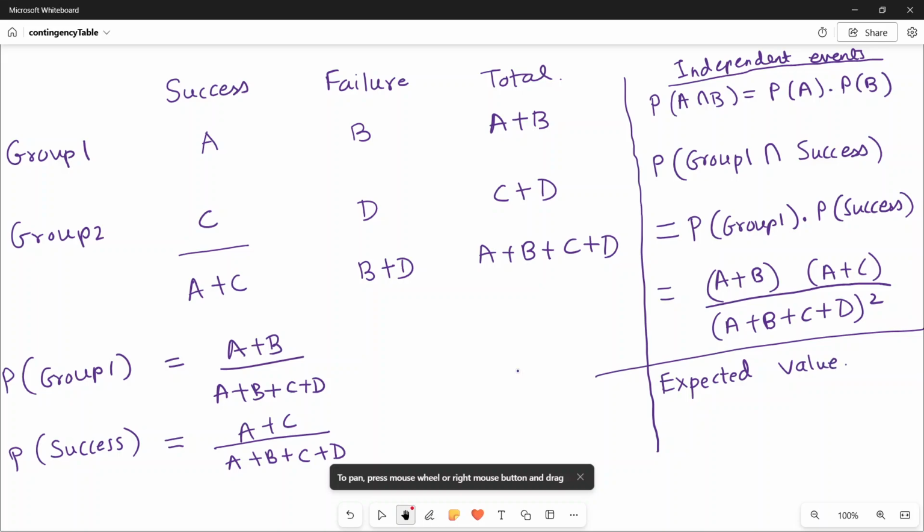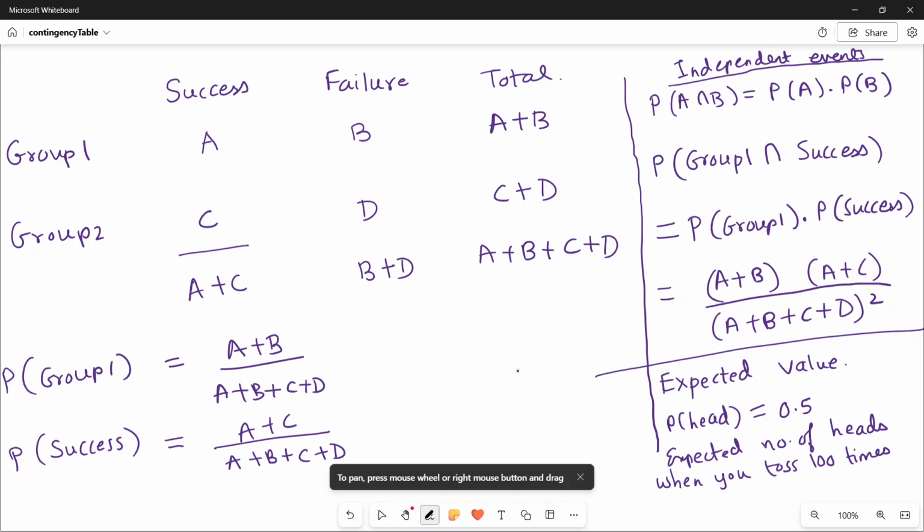A simple unrelated example, just to refresh the concept: let's say the probability that a coin turns out to be a head when you toss it is 0.5. We are talking about expected value, so what is the expected number of heads when you toss a coin, let's say, 100 times?